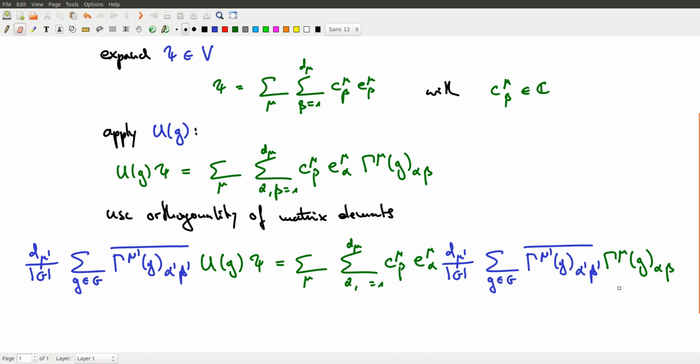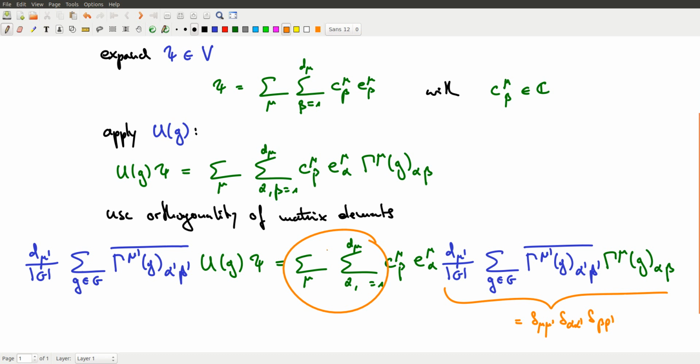So what can we do with this equation? Well, now we have character orthogonality. So this thing here is just a bunch of deltas. So there is a delta mu mu prime, a delta alpha alpha prime, a delta beta beta prime.